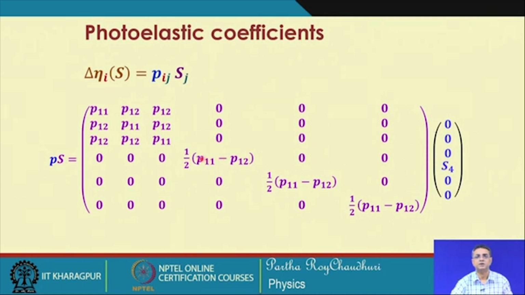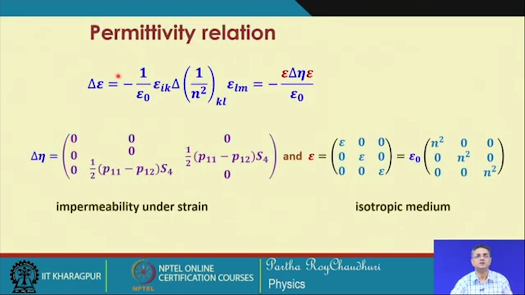So, this will be the form of the P s, that is delta eta, the change in the impermeability tensor, which will have only these two off diagonal elements. We have to calculate finally delta E, and for that we have to post and pre multiply with the permittivity matrix and its transpose.